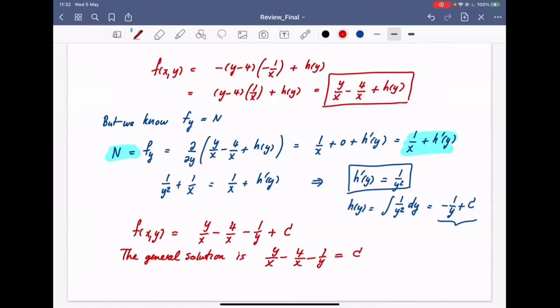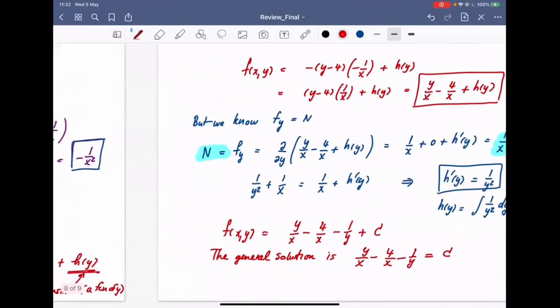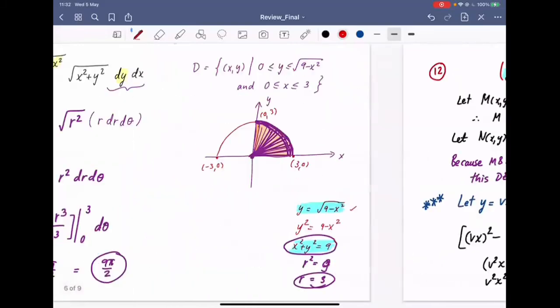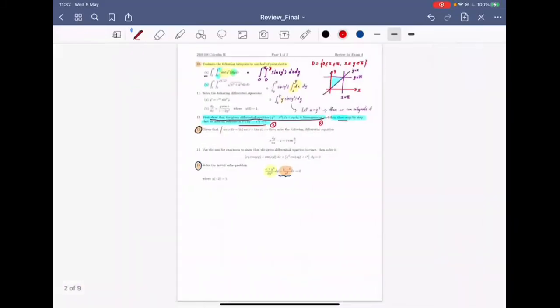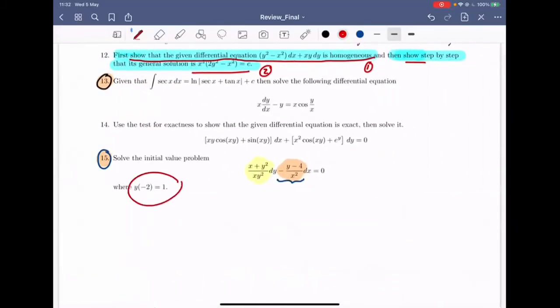Because that constant is going to group with another constant, you get C on the right hand side. This question also asks you to solve for a particular solution, because they ask you to solve when y of negative 2 equals 1. So this means when x equals negative 2, y equals 1.